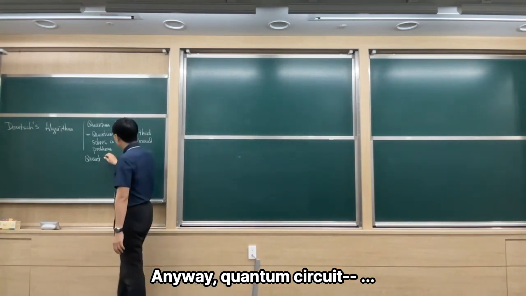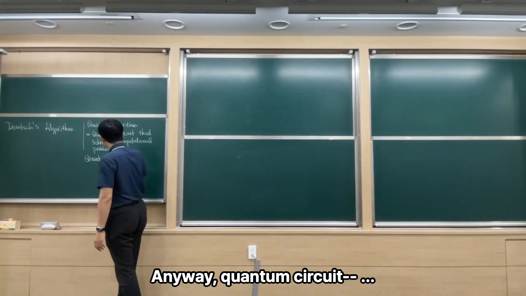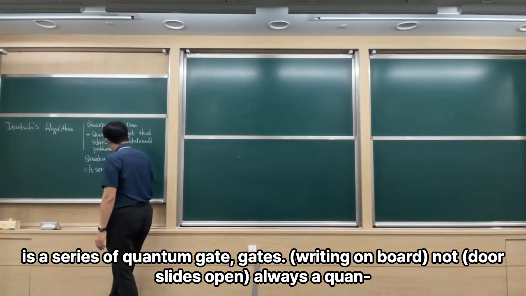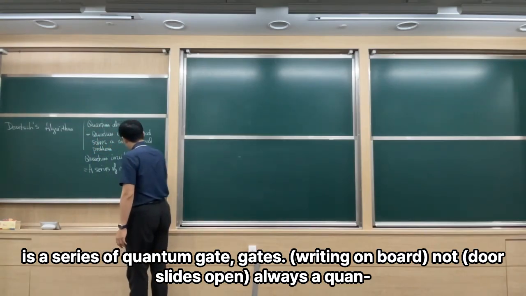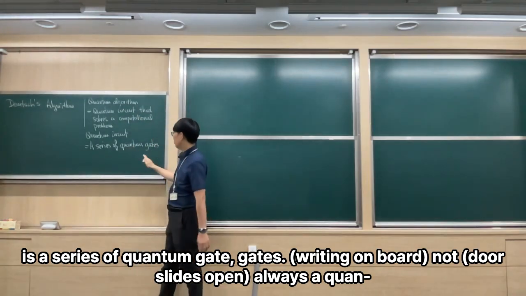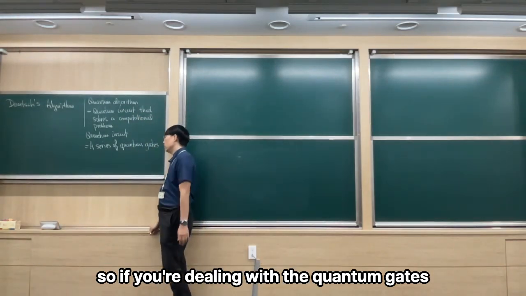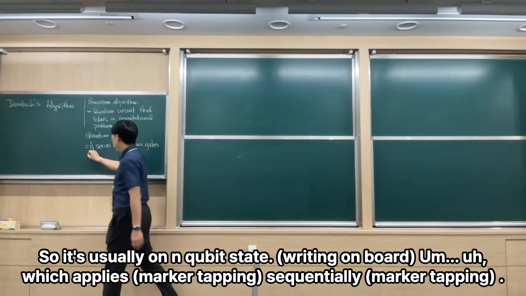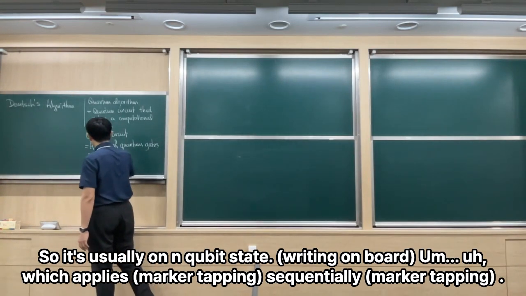But anyway, a quantum circuit is a series of quantum gates. Not always, but if you're dealing with quantum gates on a 1 qubit state, that's not fun. So it's usually on an n qubit state.